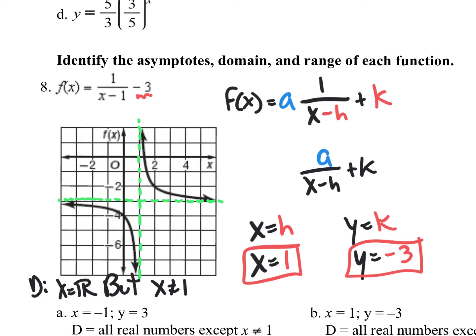And the range, I'm going to do it in red, the range is the y being all real numbers, but y cannot be the asymptote, -3. So that is what they're asking for. The asymptotes, we got both of them right here, the vertical one and the horizontal one. And we also have the domain, all real numbers, but it can't be the asymptote, and the range, all real numbers, but it can't be the asymptote.